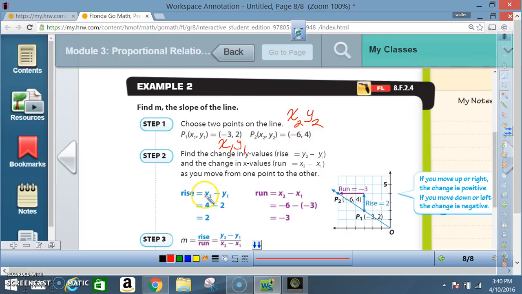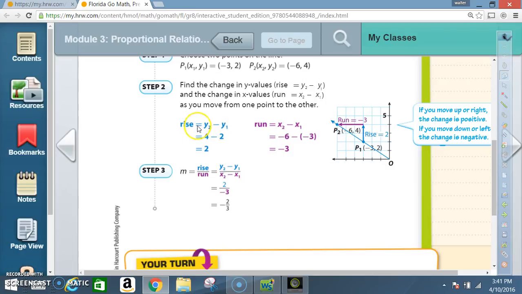So when you plugged in y sub 2, that's 4, y sub 1, that's 2, x of 2, that's a -6, and x of 1, that's a -3. You do this so you don't get confused and get your points out of place or reversed.